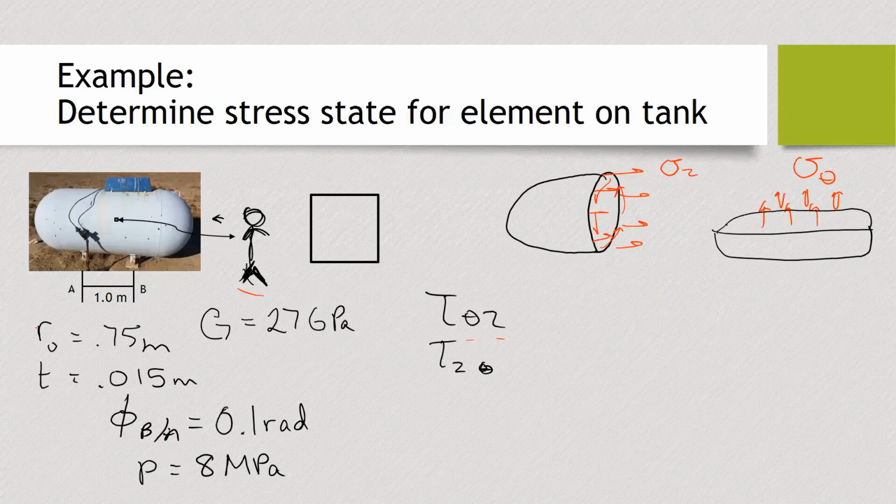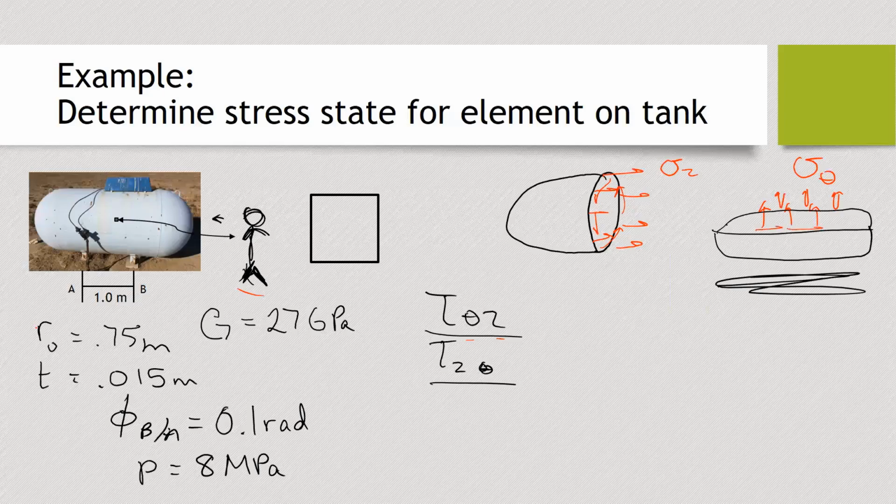It's a little bit harder to see or to think about, but technically speaking, we also have shear stresses on this other plane. Because if we have tau theta z, then we have tau z theta. And this is now a theta surface over here in this diagram. So we're also going to have stresses acting on this surface as well.